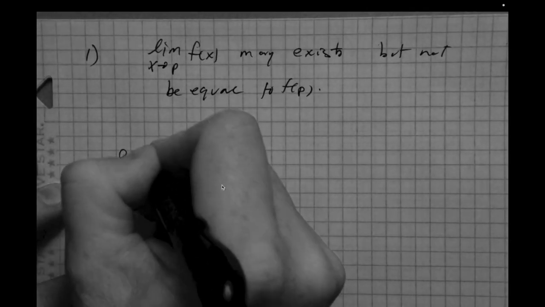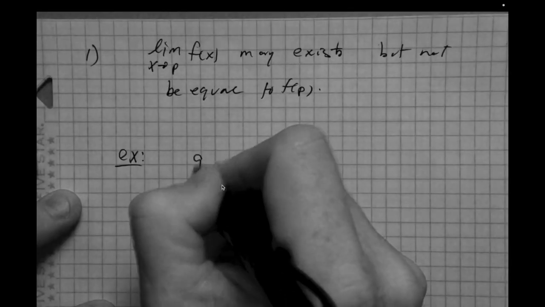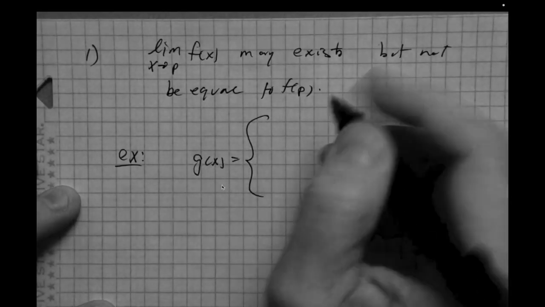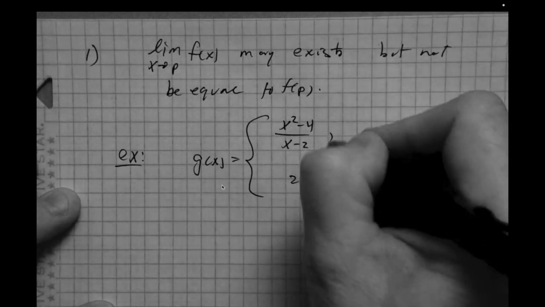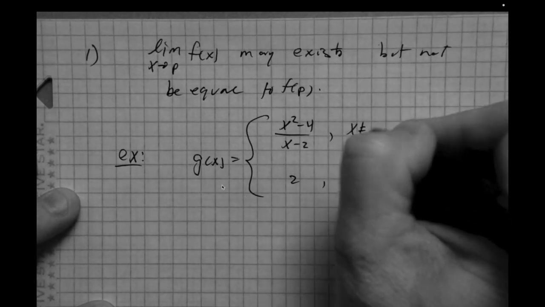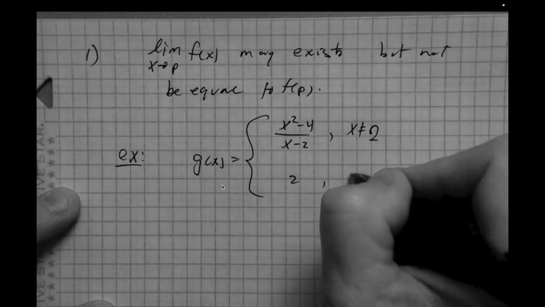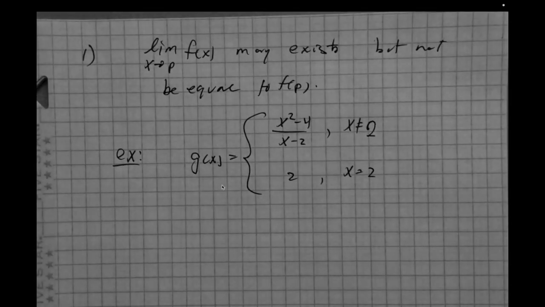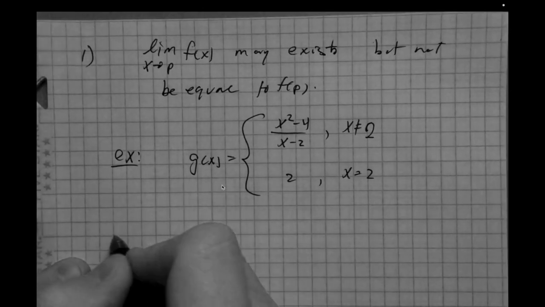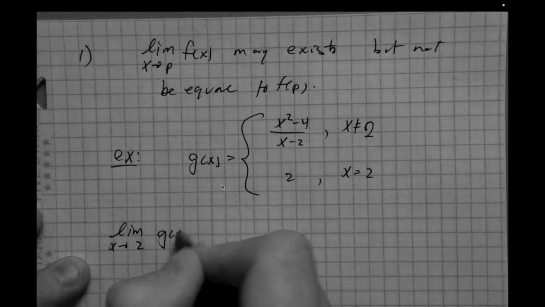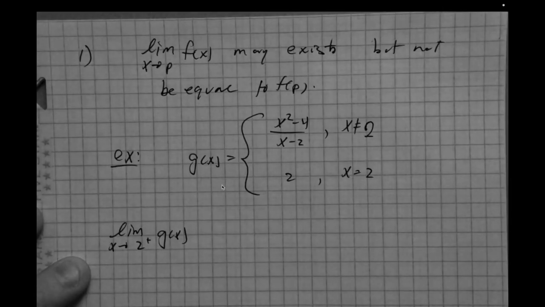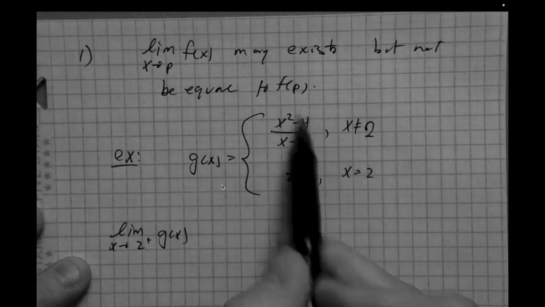Here's an example of that kind of thing. So if we say g of x equals, and this is one we've seen before, x squared minus 4 over x minus 2, and then we set this equal to 2. So when x is not equal to 2, you're at the top, and when x is equal to 2, you're at the bottom, right? And so what is the left and right-hand limit? The limit as x approaches 2 of g of x from the right is equal to, well, you'd be approaching 2 for this function here, right?